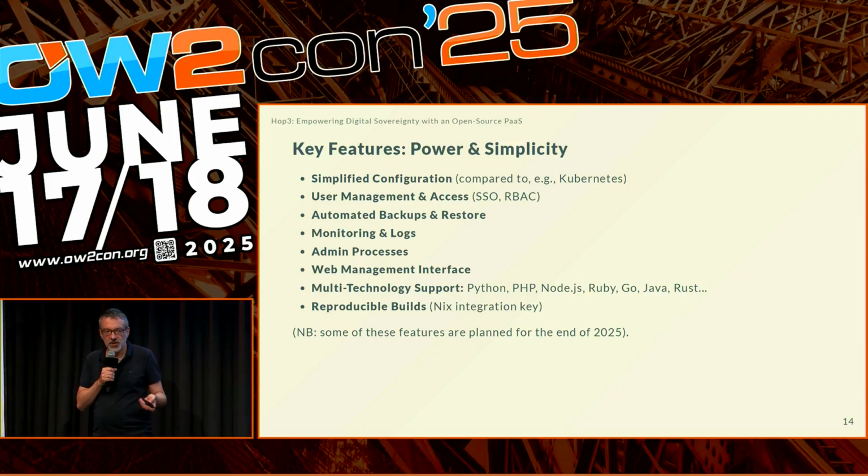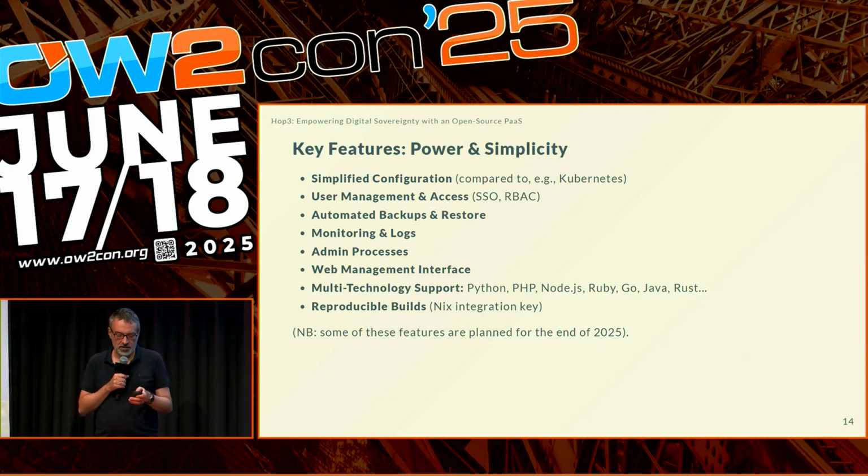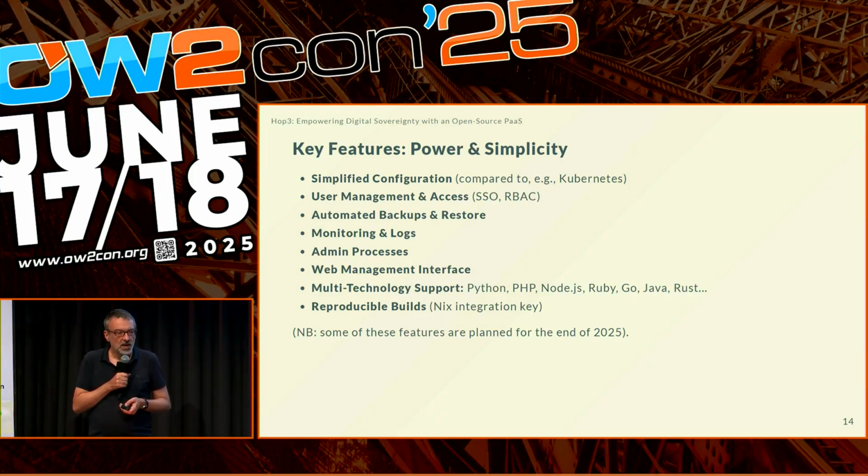So the key features, some of them not ready yet, but at least that's where we are going to. Everything must be as simple as possible. We need to be able to manage users and their rights within the system.